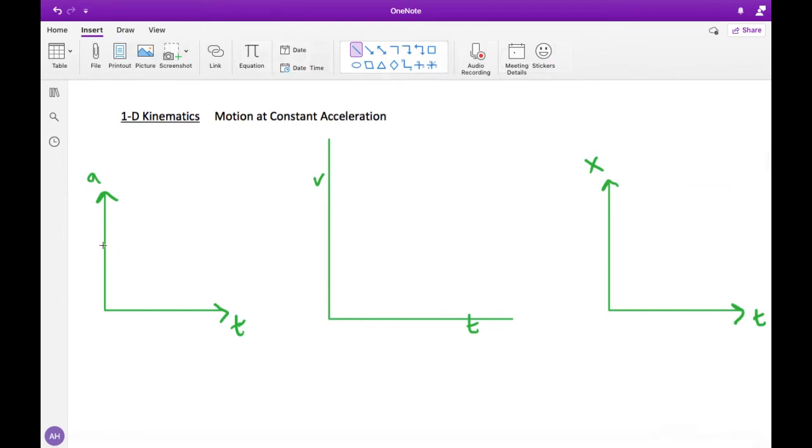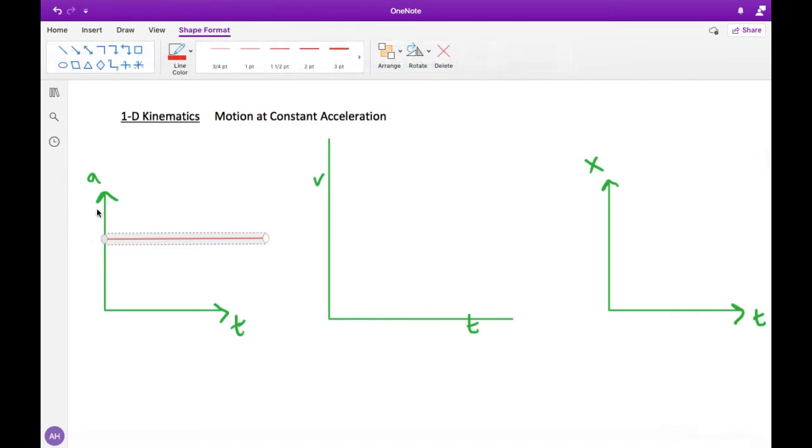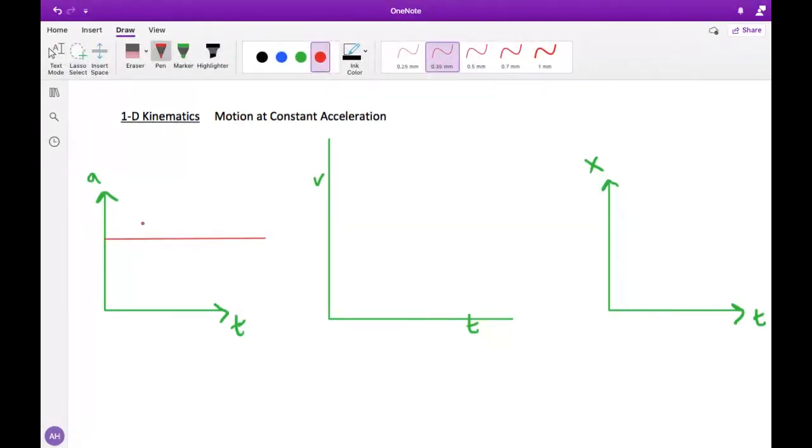The acceleration would be just a straight line, like so, right? Because the acceleration is constant. For example, let's say the acceleration here is a constant 5 meters per second squared. This would be an example of a constant acceleration.